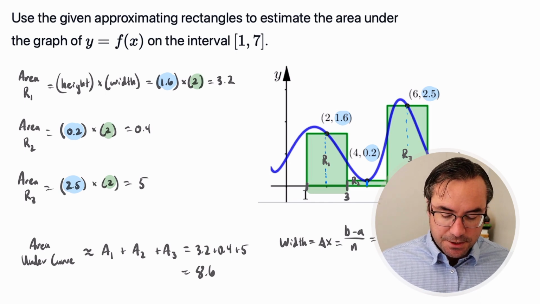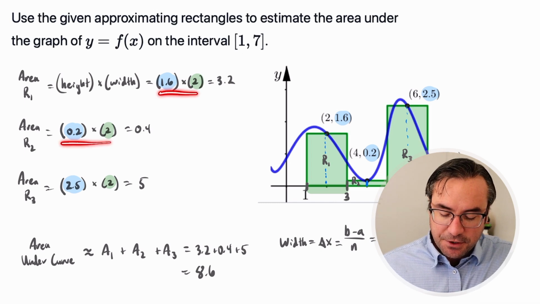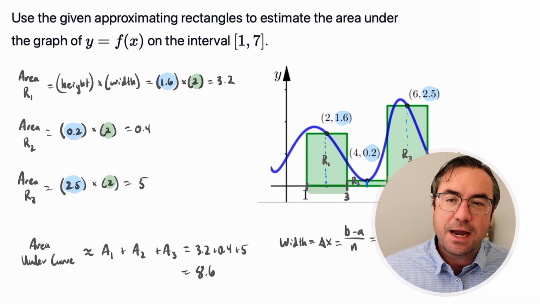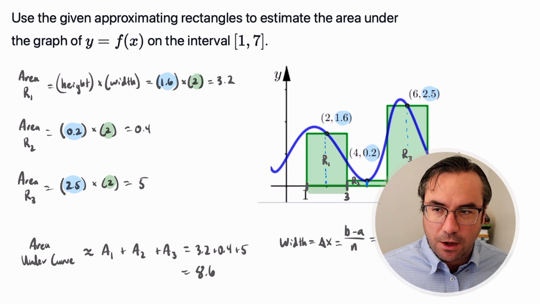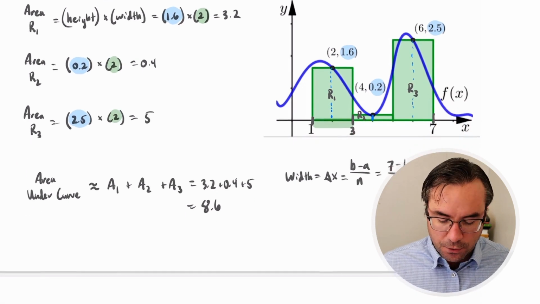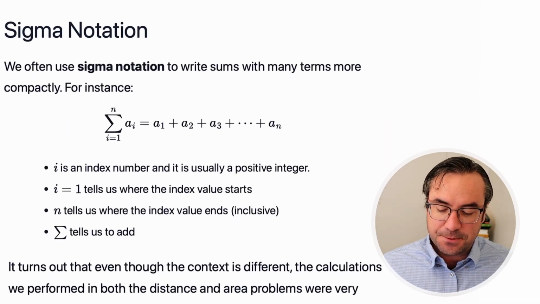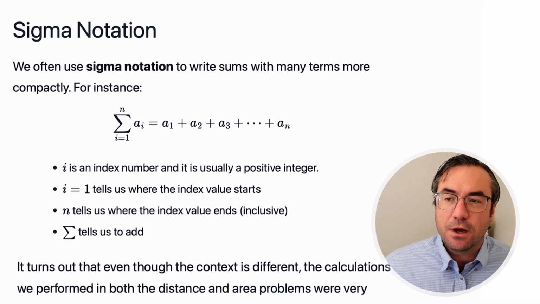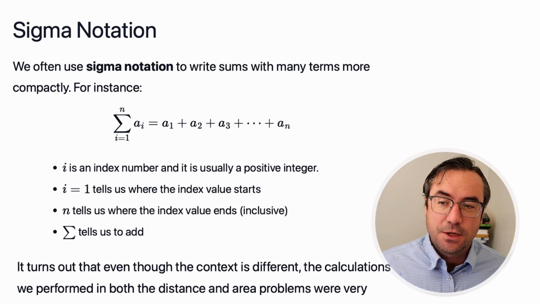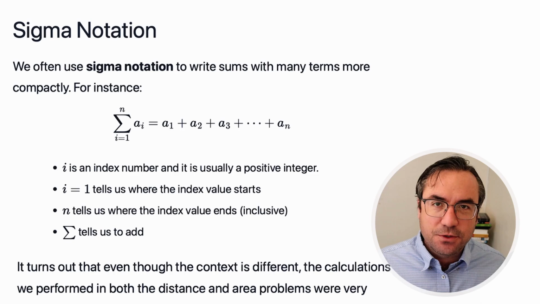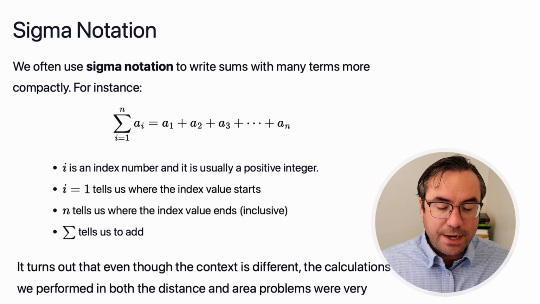Okay. So this type of calculation gets kind of repetitive if we have to write it all out. And so it helps to use what we call sigma notation. When we're adding repeated things over and over again, it's a way to shorten it up.